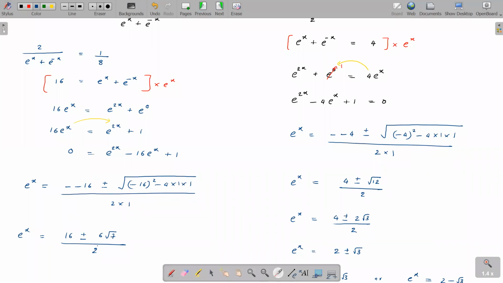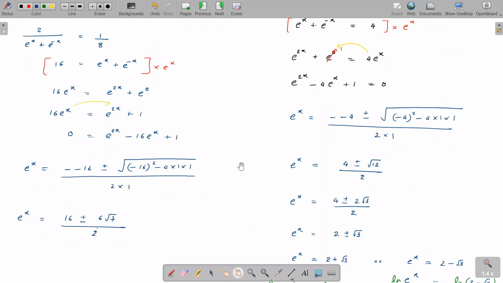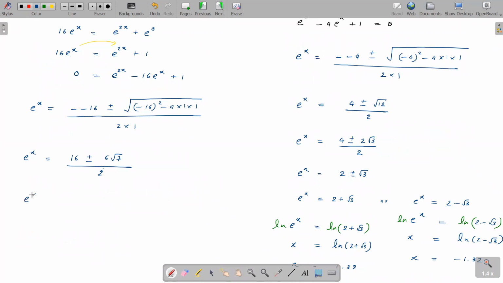So I get here 16 plus or minus the root. When you simplify the surd alone, you get 6 root 7 over 2. So you can separate them out. 16 divided by 2, that's 8, plus or minus 6 divided by 2, that's 3. So guys, you get e^x equals 8 plus 3 root 7 or e^x equals 8 minus 3 root 7.